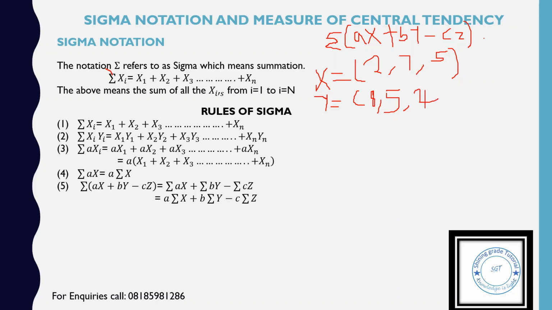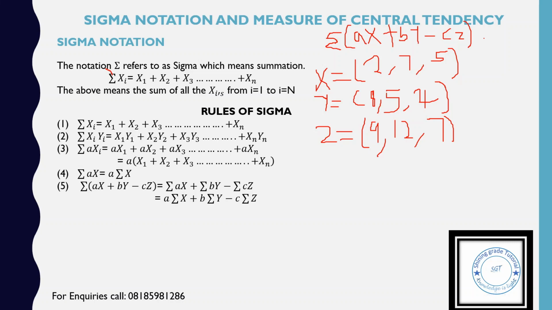Let's make it 4. And z is a set of values: 9, 12, and 7.